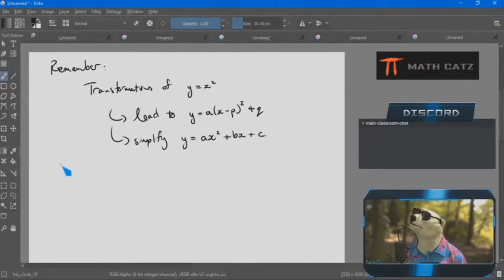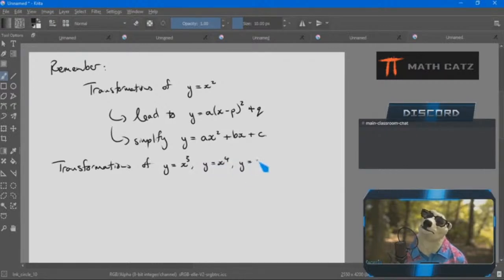Now, if I look at transformations, like the one I showed in the problem, of all these basic functions, x cubed, y equals x to the 4, and there's no limit on the powers of x, now they are going to create, after simplification, a general form.